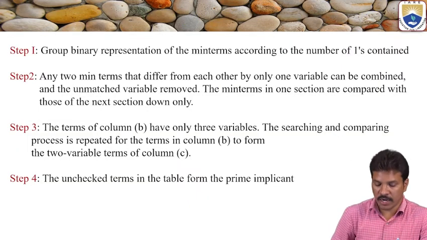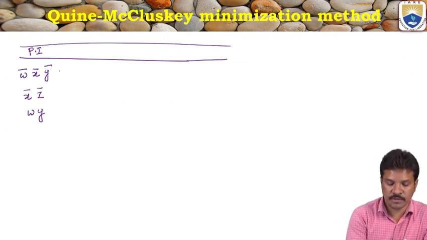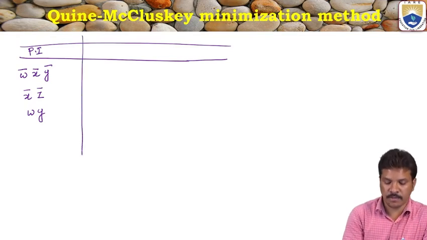So we can also write down those groups. This is one group, so we can represent it by 0, 1.